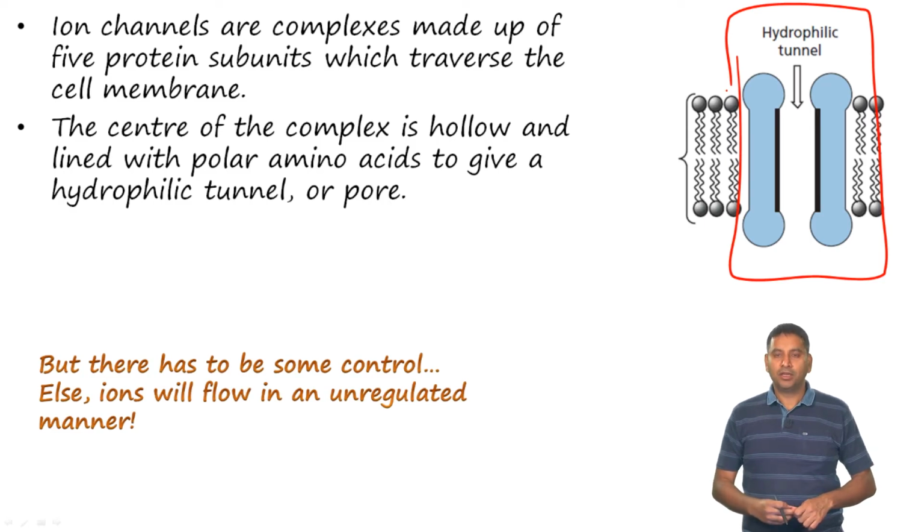Because this is arranged in this particular way, the ions can easily travel from outside to inside or from inside to outside. But if the channels are always open, there is no control. So, in order for there to be control, there is an extra mechanism that operates.